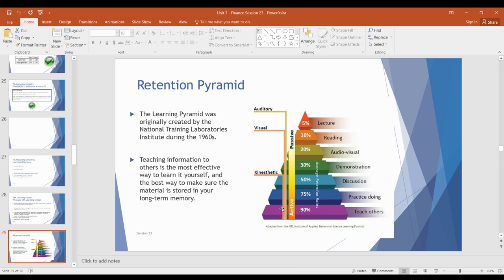There is no limit to long-term memory. You can keep adding new information after new information. The ways that we can help store into our long-term memory are by teaching others, by practising doing, and by discussion, i.e. active learning. If you're just listening to this video, you will not retain that information.